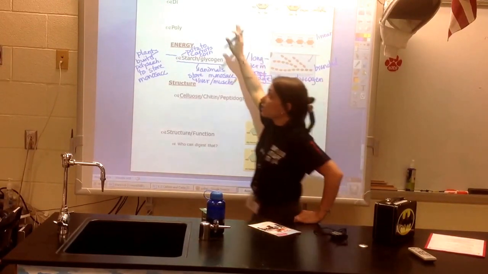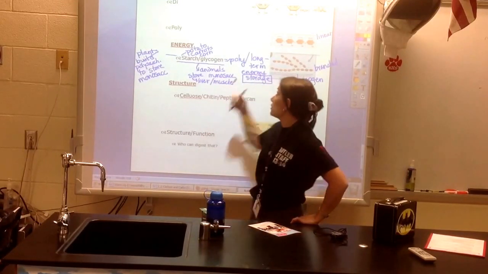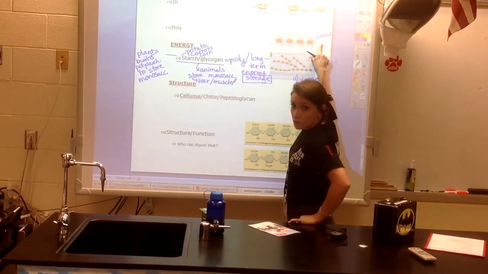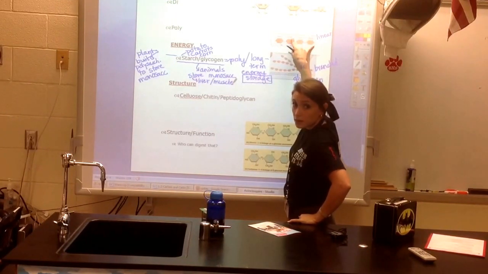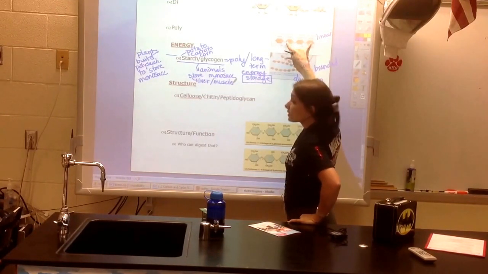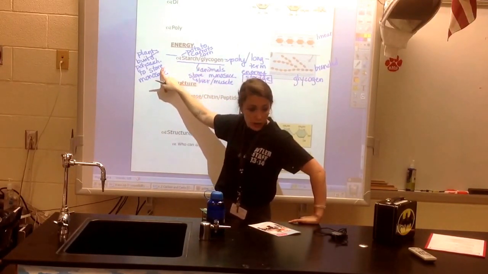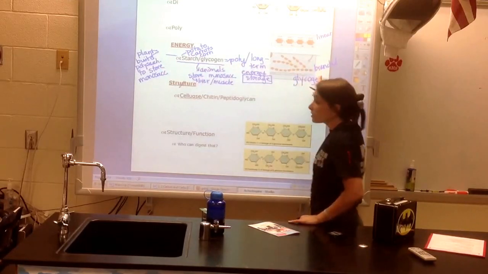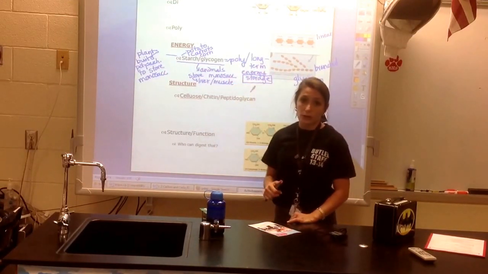So we said that you are a carbohydrate if you are made of CHO. And your CHO is going to be arranged into these ring shapes. You can be a monosaccharide, a disaccharide, a polysaccharide. You can be a linear polysaccharide called starch that is used by plants to store energy. You can be a branched polysaccharide called glycogen that is used by animals to store energy.